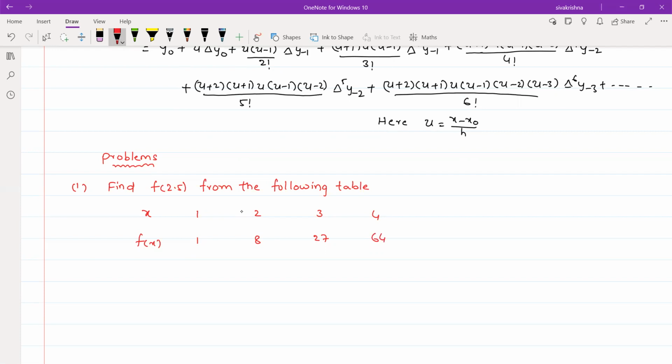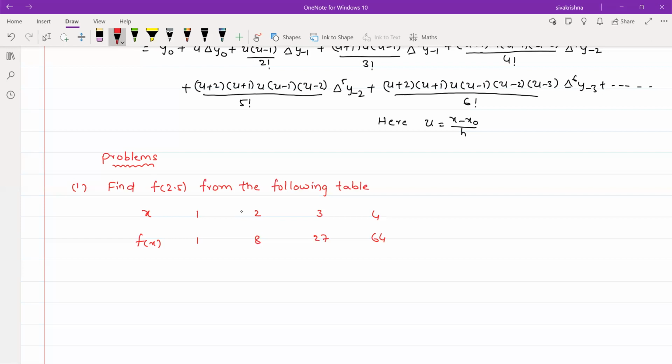But in Gauss forward interpolation formula, generally we choose the left side value as x naught. So since 2.5 lies between 2 and 3, we choose x naught as 2 in Gauss forward interpolation formula.